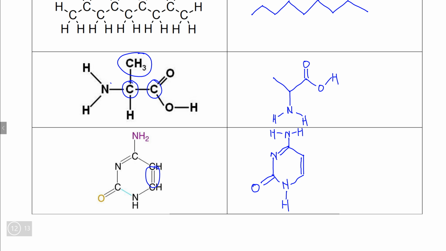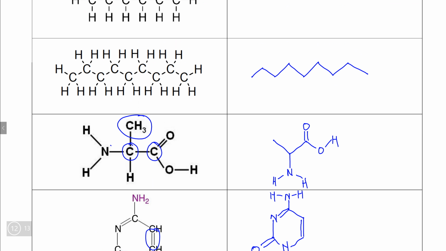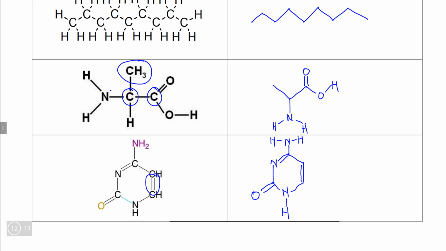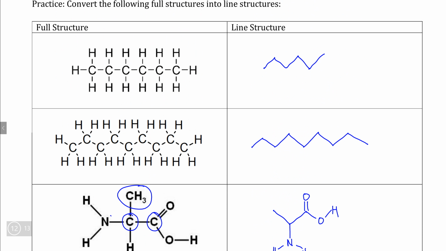So we can see line structures work perfectly well to represent organic compounds in chains or organic compounds as part of a complex ring structure, both of which we will see in more detail in the biochemistry unit.